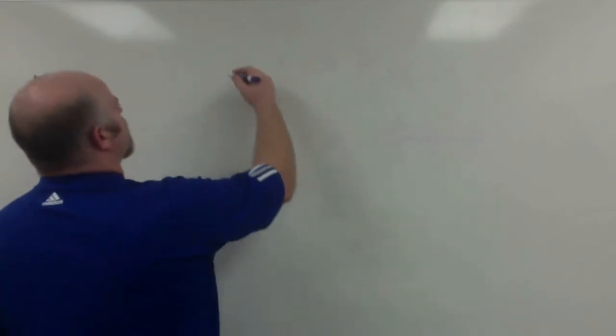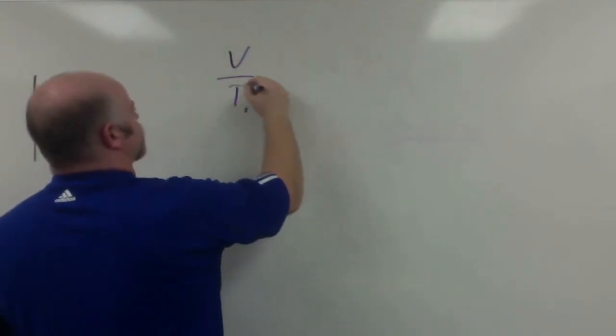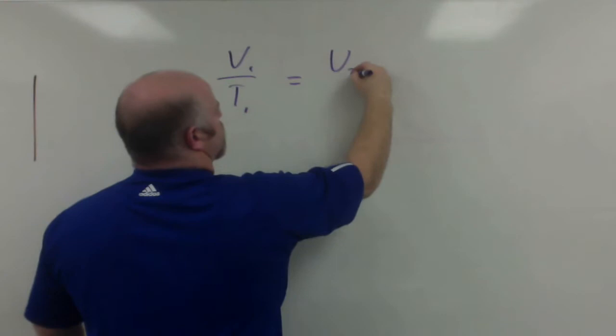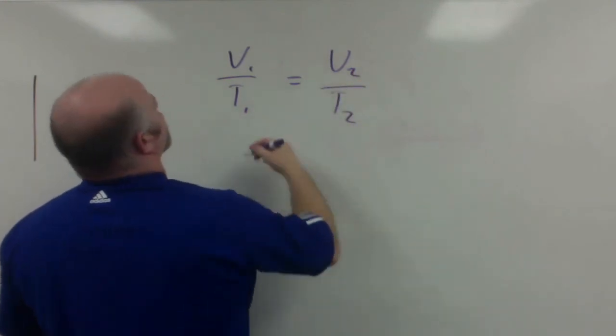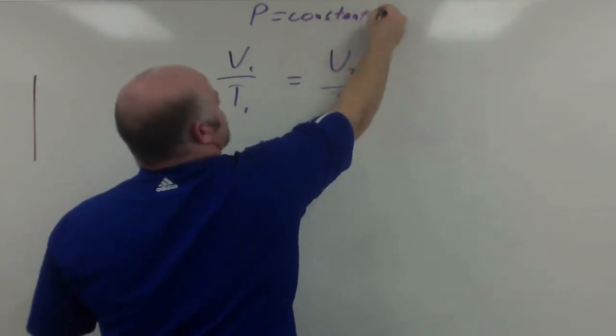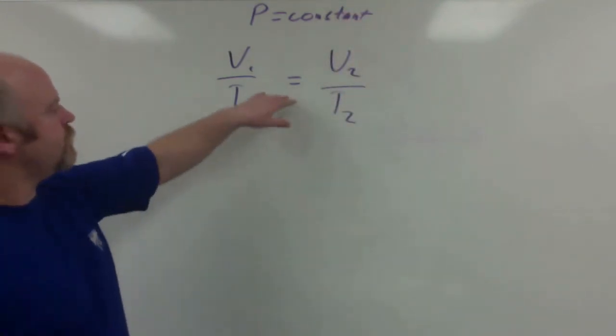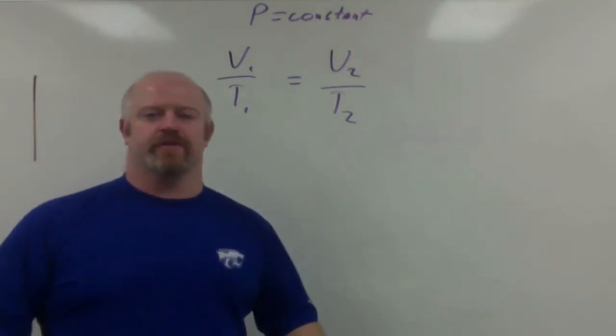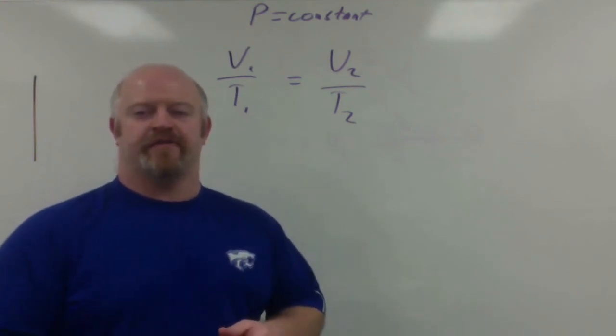Second problem. In the second problem, we have 24 liters of gas at a temperature. So we have a volume and a temperature we're dealing with. So that's Charles' law. And here, pressure is constant. Okay. So we can set this up and solve for this one. What would the volume be at 400 kelvins?